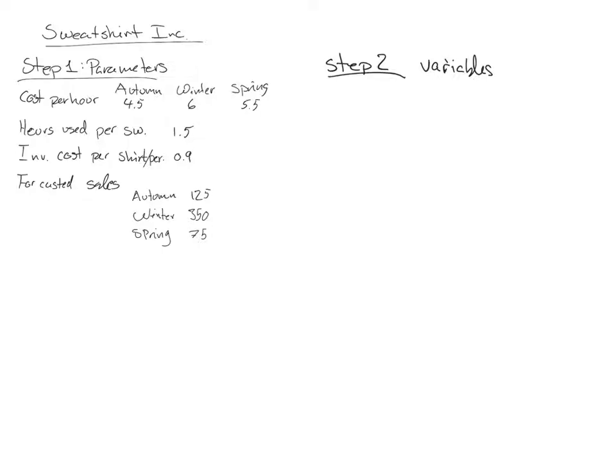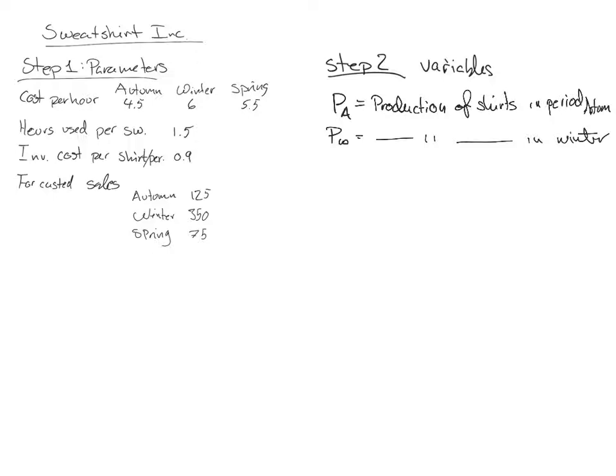So we are gonna define variables PA, that's the production of shirts in period autumn, like that. Likewise, we have PW, that would be the production of shirts in winter. And we have PS, that'll be in spring.